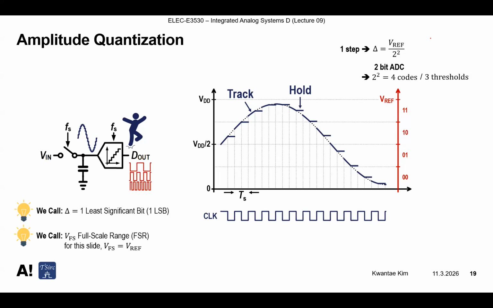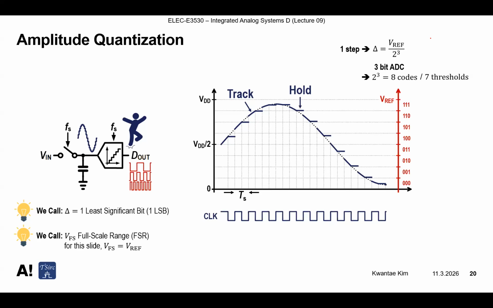The code starts, in binary format, you probably have seen this kind of binary format in your programming courses, right? 00, 01, 10, and 11. And we call 1 step an LSB. Delta is now Vref over 2 to the power of 2, because we have 4 codes here. And what about the 3-bit case?